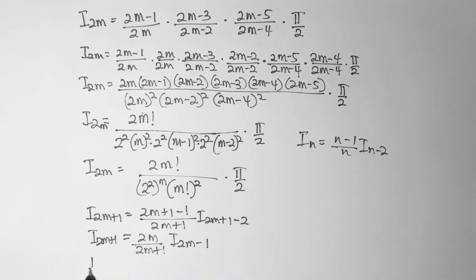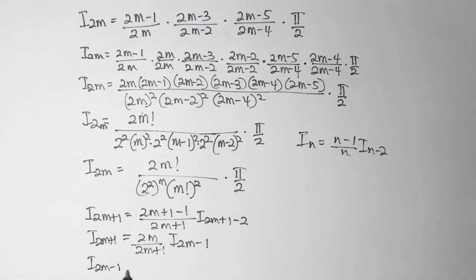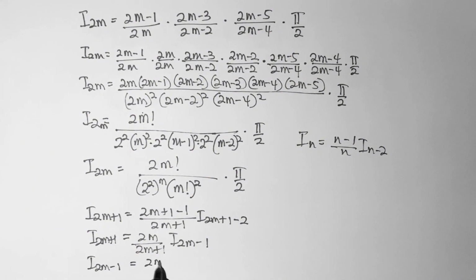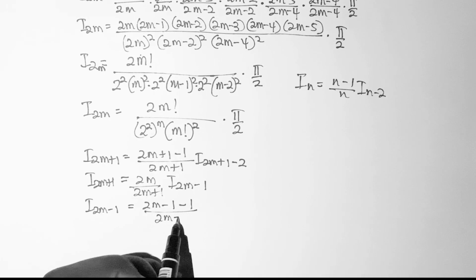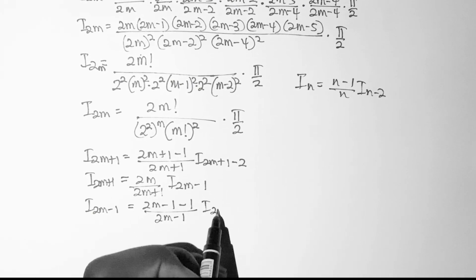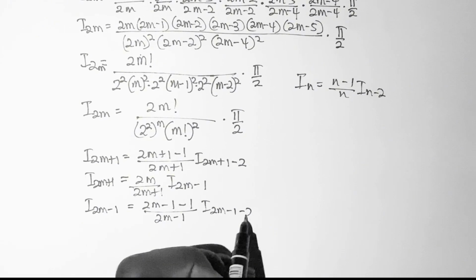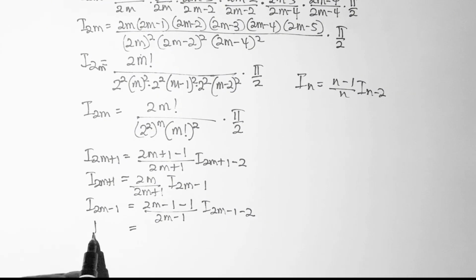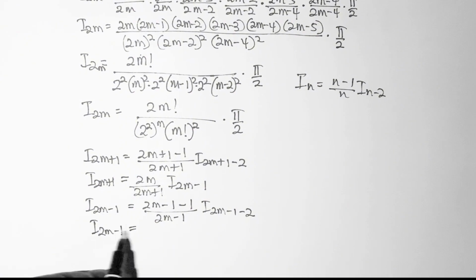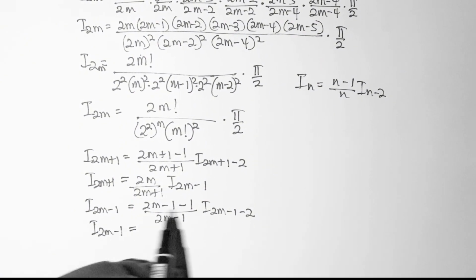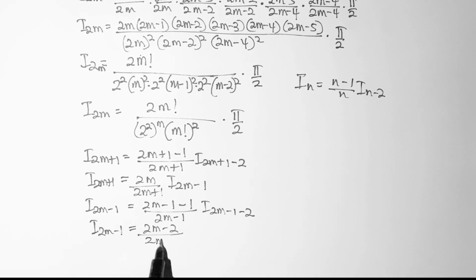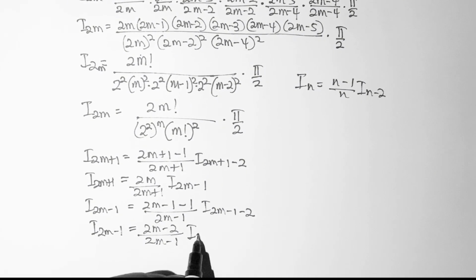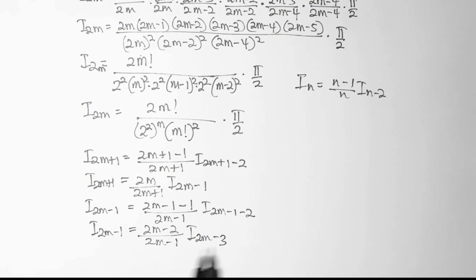Now let's find I of 2m minus 1. This is equal to 2m minus 1 minus 1 divided by 2m minus 1, I of 2m minus 1 minus 2. So I of 2m minus 1 is equal to 2m minus 2 divided by 2m minus 1, I of 2m minus 3.